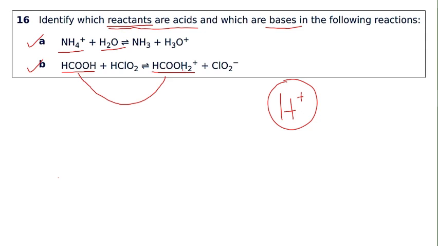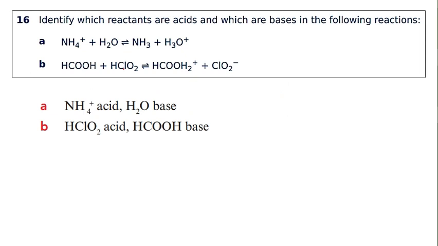One extra proton is here. So HCOOH has accepted one proton when it is going to product, so it will behave like a base here. HClO2 is changing into ClO2-. Now it has less proton. This proton it has donated when it is going to the product side, so it will behave like an acid here.